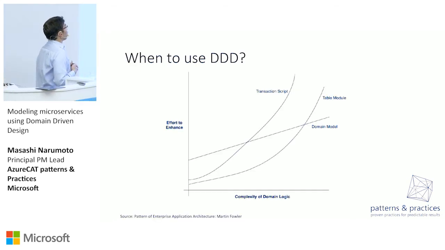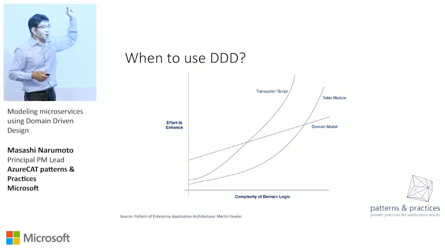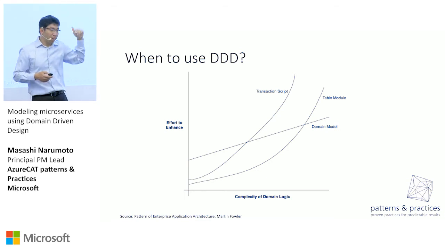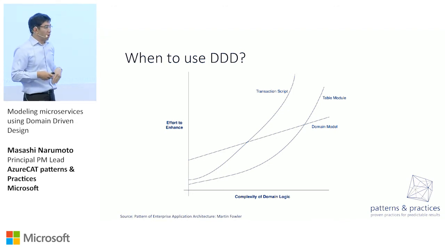But when should we use domain-driven design? This is a graph that shows you when you pick DDD versus others. The other two options here are transaction scripts, like ASP.NET or PHP, a bunch of scripts, right? Or table module, a data-centric approach, maybe using an ER diagram to model the data, and then having some business logic around that data model.